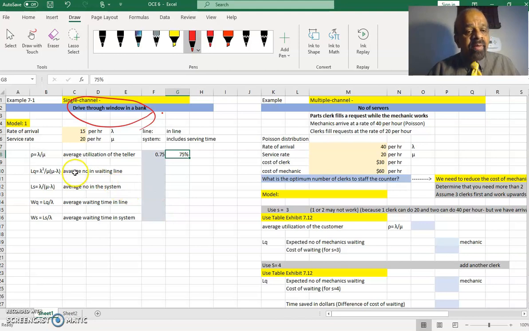The first one is average number of customers waiting in line, that is going to be LQ.